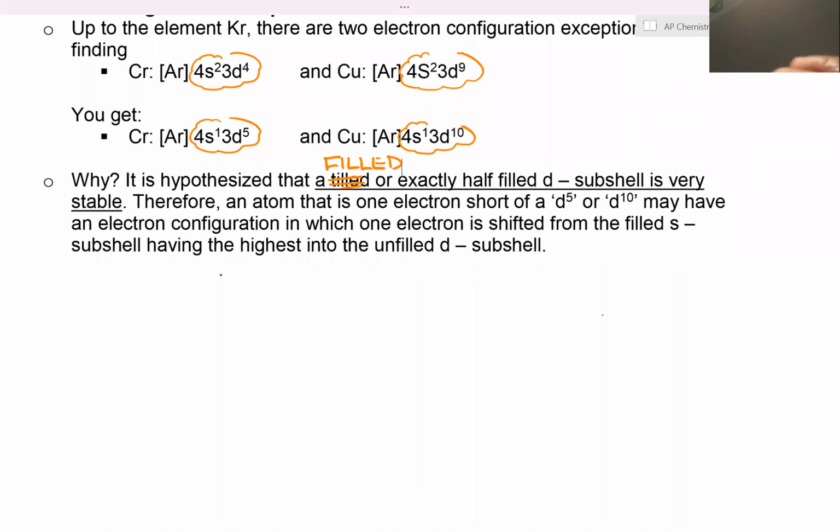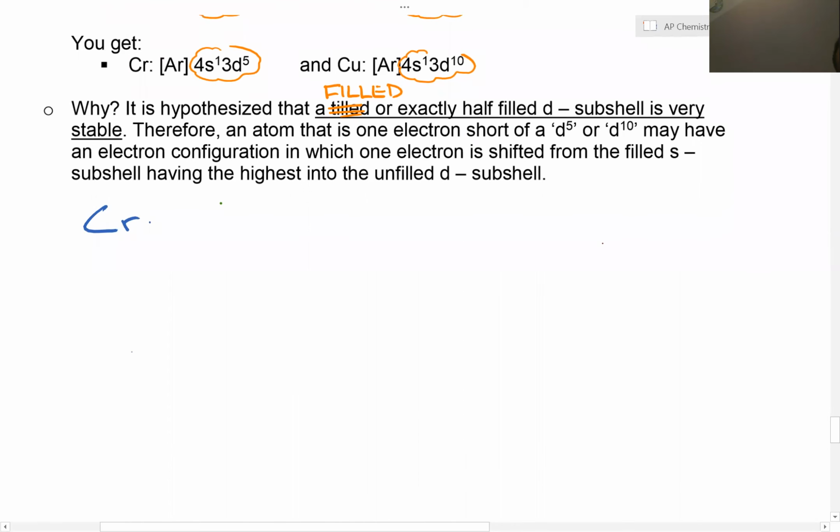Now, what do I mean by this? So let's say for chromium, we looked at our electron configuration. So this would be 4s. This would be 3d. And remember, we would have 3p down here, 3s.